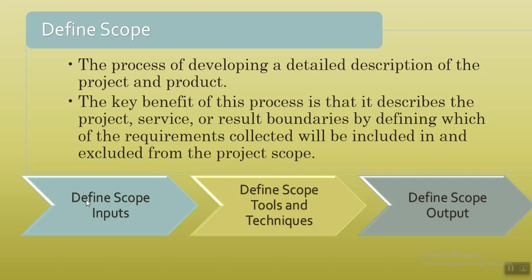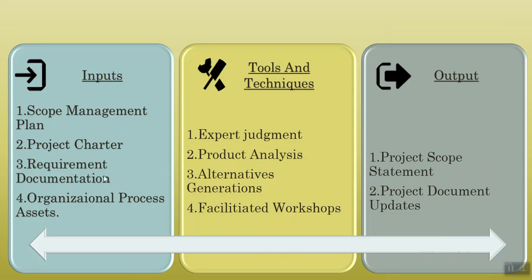We have inputs, tools and techniques and outputs for define scope as a process. The process requires inputs such as scope management plan, which is output of plan scope management process. Second, project charter, which is the output of develop project charter process.